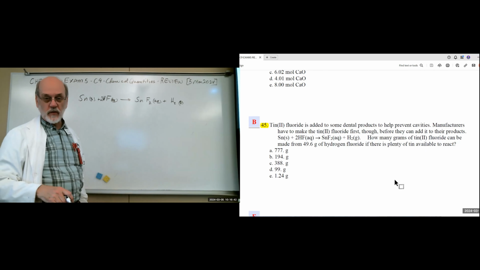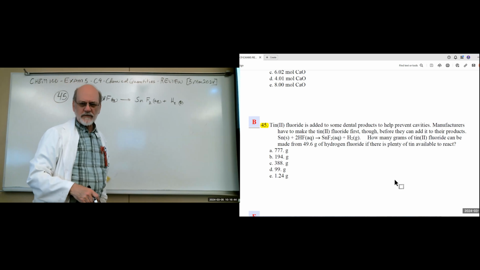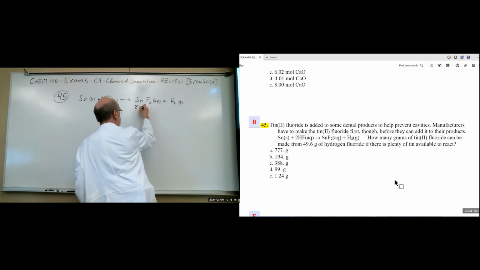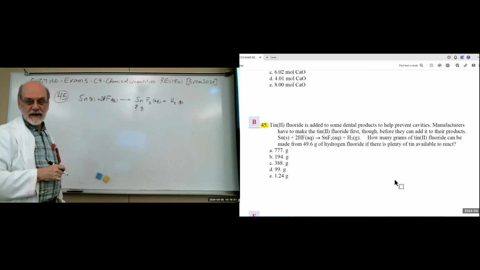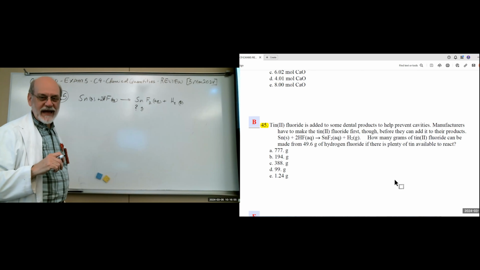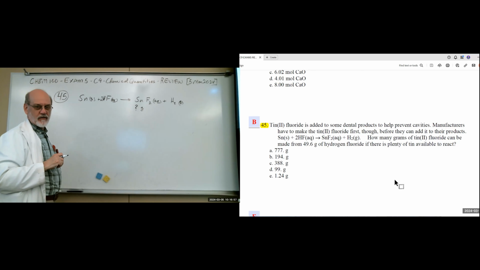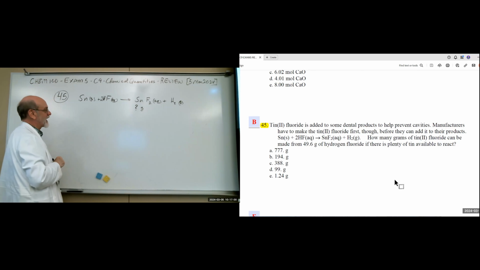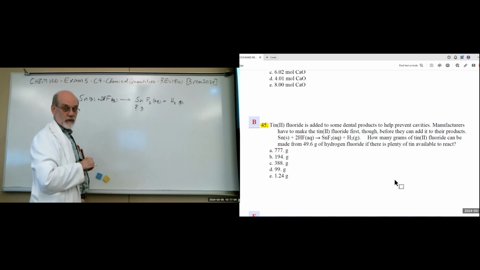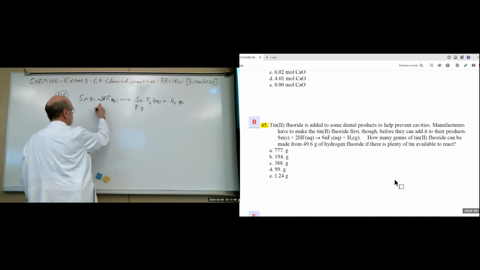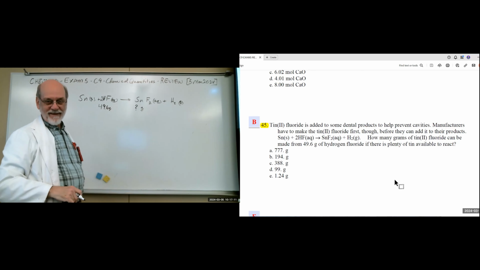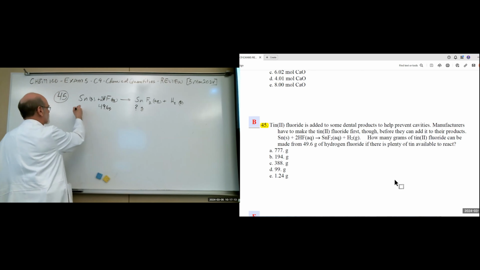And now we can do some stoichiometry. How many grams of tin-2 fluoride can be made? So we're looking for the mass of tin-2 fluoride that can be made from 49.6 grams of hydrogen fluoride, aqueous hydrofluoric acid, and tin is in excess.